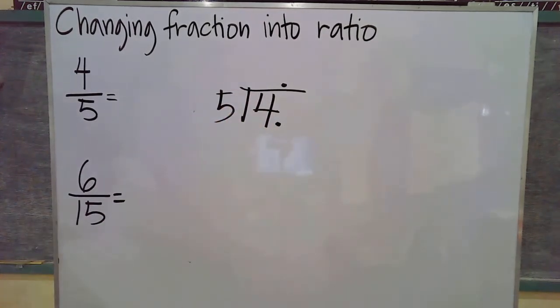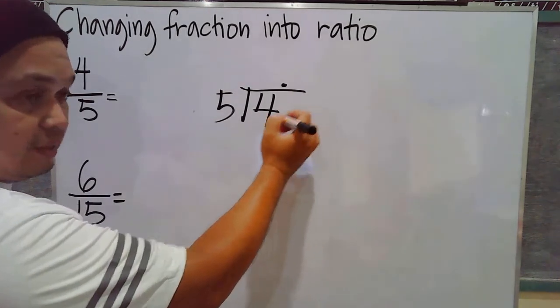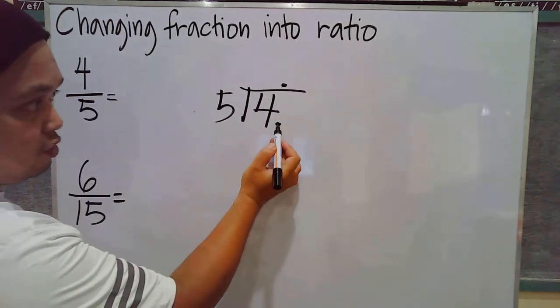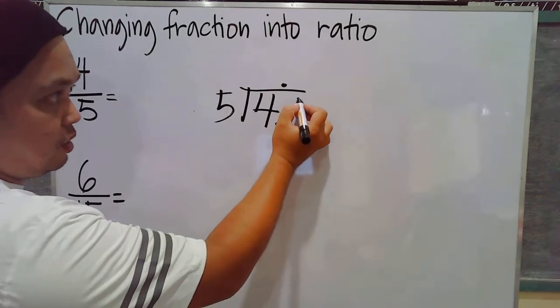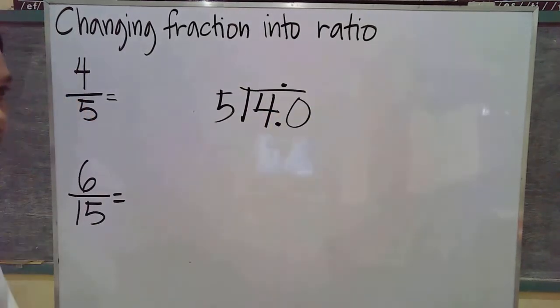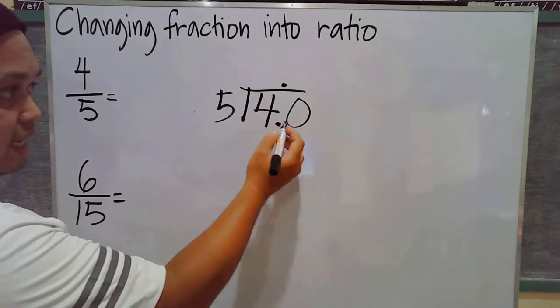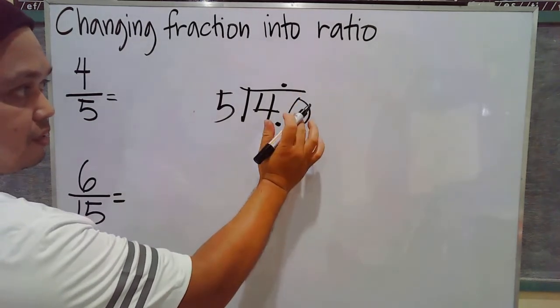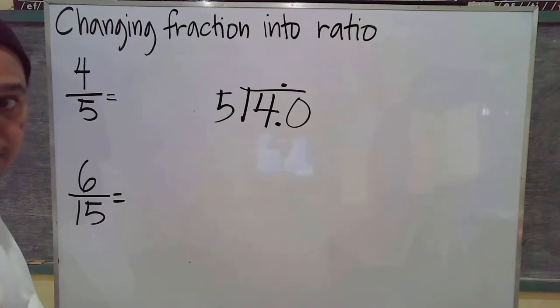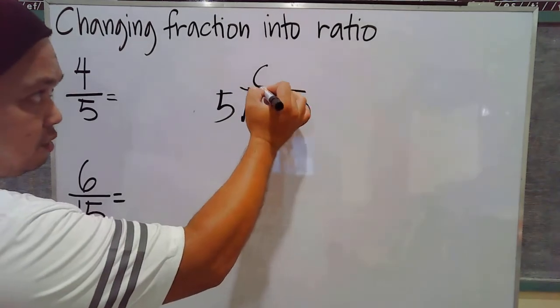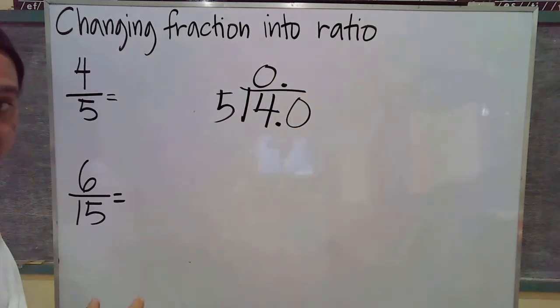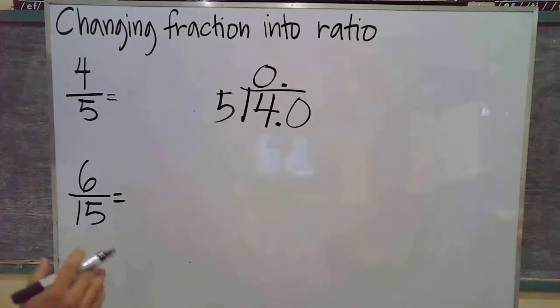So all we need to do is add a 0 here, and by adding, we need first to put a decimal point because we are now below 1. So it becomes 40, and we have 0 in the answer because we are dealing with a decimal number already.